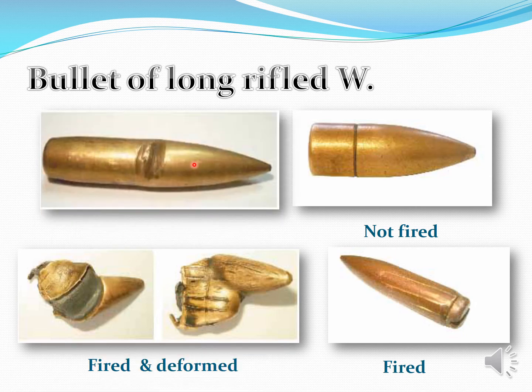Is it fired or not? There are no firing marks. There are no rifling marks at the bottom. It is not fired. But what is this? This is an extraction mark. Maybe a mistake by the doctor who used forceps to extract it. Okay.